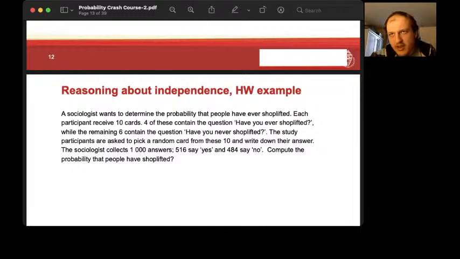If it's related, it's dependent. If knowing one can give you some information about the other or the other way around, then they are somehow dependent. What kind of example to give? For example, socioeconomic status and smoking. Do you think they are dependent or independent?